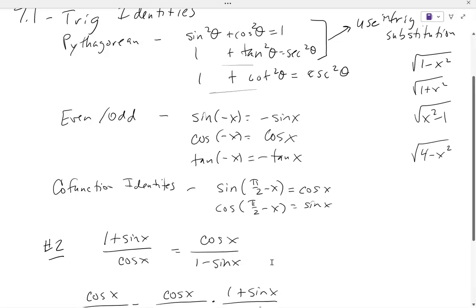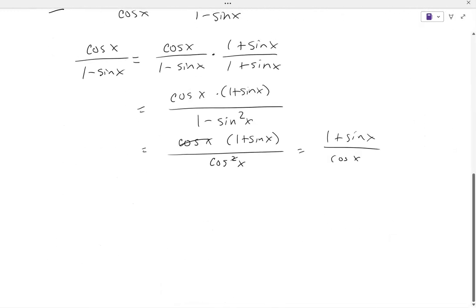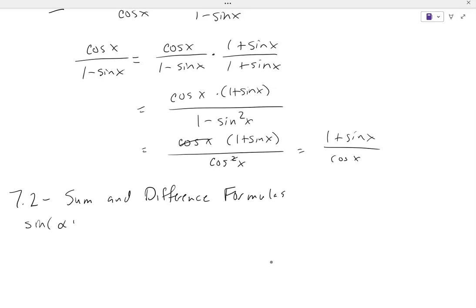All right. So let's talk a little bit about 7.2. 7.2 was your sum and difference formulas. We had sum and difference formulas for sine, cosine, and tangent.